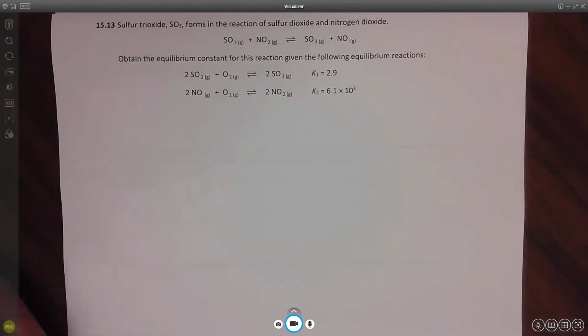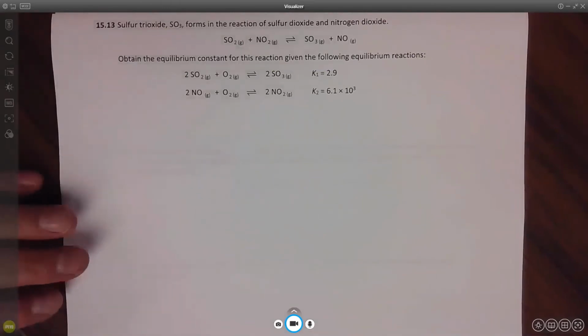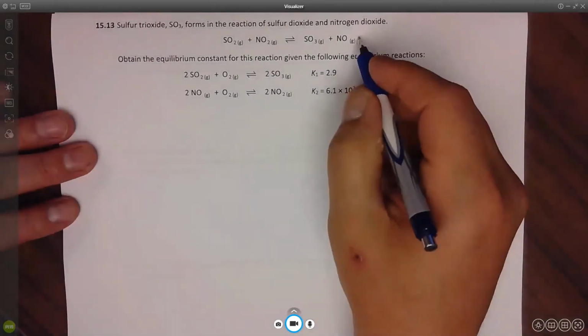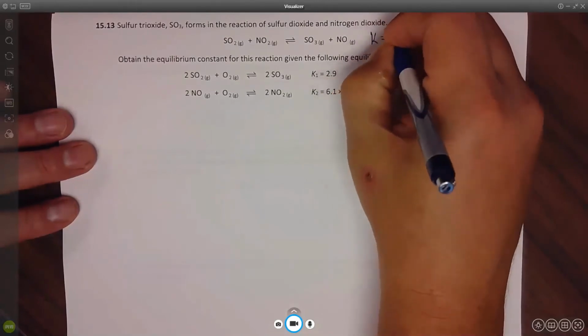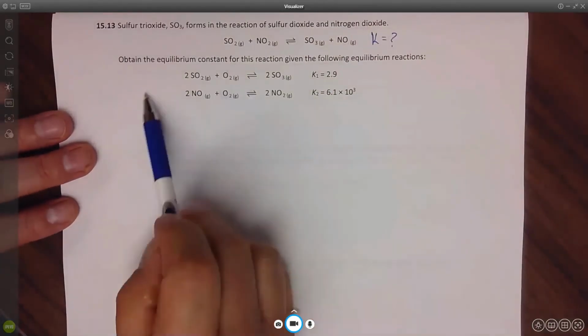Wouldn't you use the K constant equation with it? Or am I thinking of it wrong? I think you're looking at it wrong. We're trying to find the K for this, right? So we're looking for the K for this, but the only information they gave us was this.